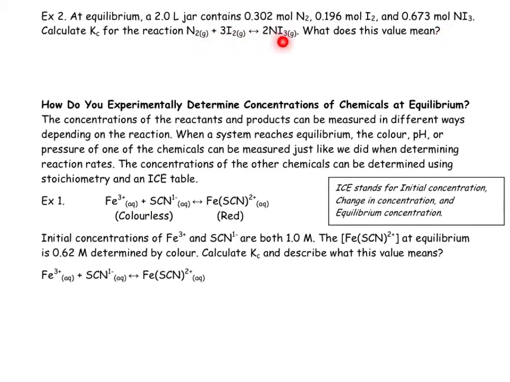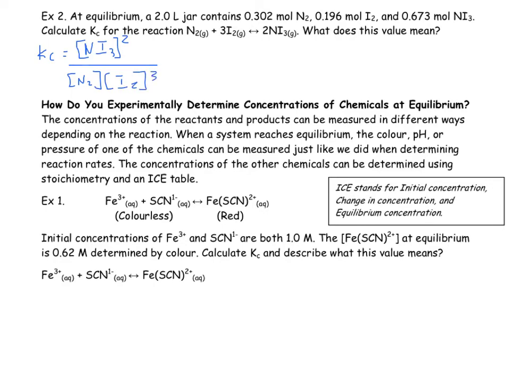Using my equation, I'm going to write the equilibrium expression. Kc will equal NI3 squared, which would be the concentration of my products raised to its coefficient, divided by N2 to the 1 and I2 cubed.